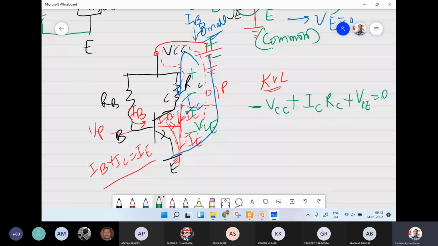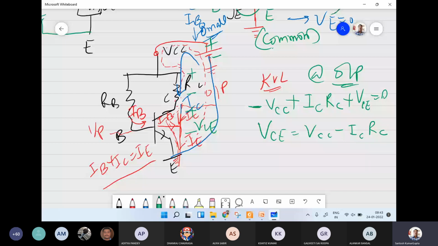and this we can write: VCE is equal to VCC minus IC times RC. Okay, so this is the KVL at the output loop.